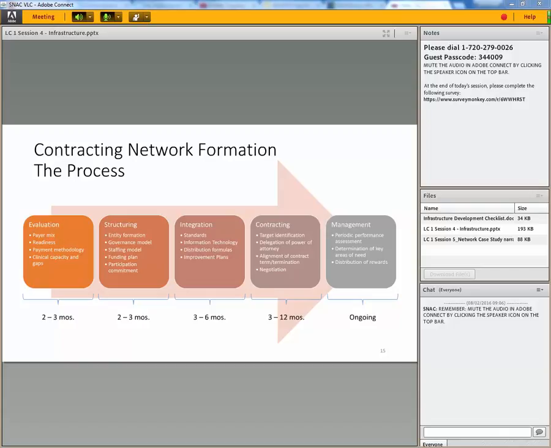And it starts with that evaluation or business case development, the structuring of the network, development of the governance model, the funding plan, et cetera, working towards development of the standards, implementation of the information technology to support that, and then ultimately getting out into the market and doing the contracting necessary to make it happen. And all of that work then gets you to the point where you are effectively operating the business and now need to manage to those contracts.